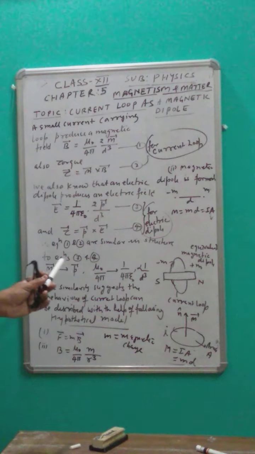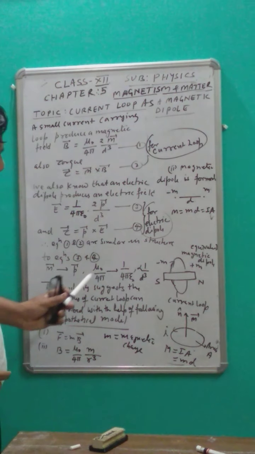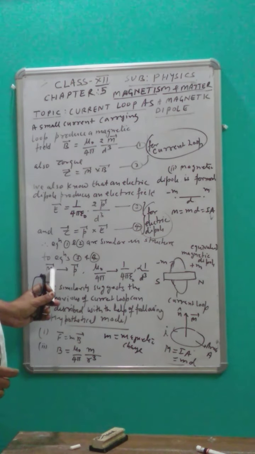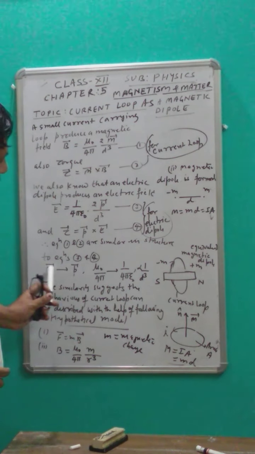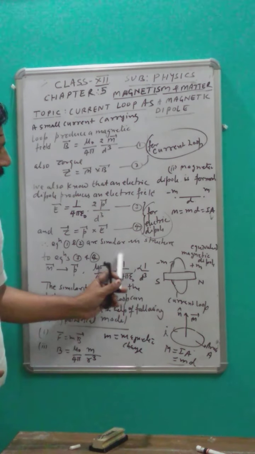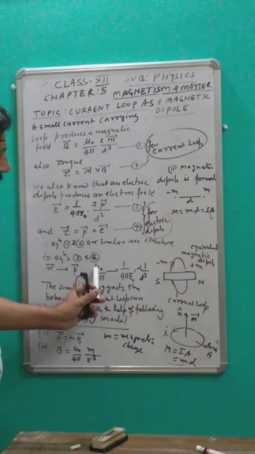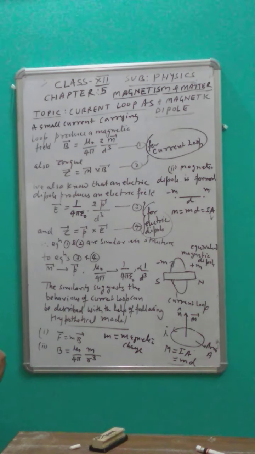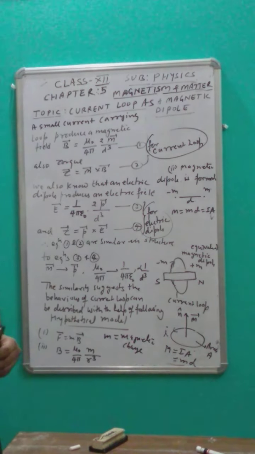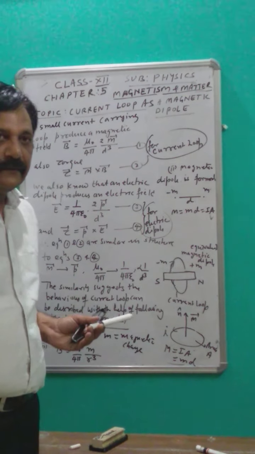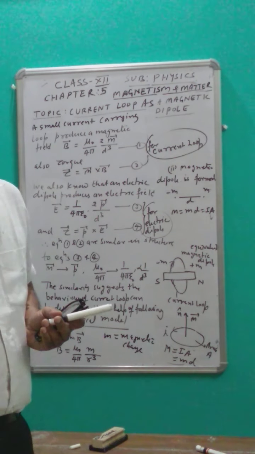So according to these equations, p is replaced by m, and 1 upon 4 pi epsilon naught is replaced by mu naught upon 4 pi. These similarities suggest a hypothetical model on which we can explain the behavior of the magnetic dipole.